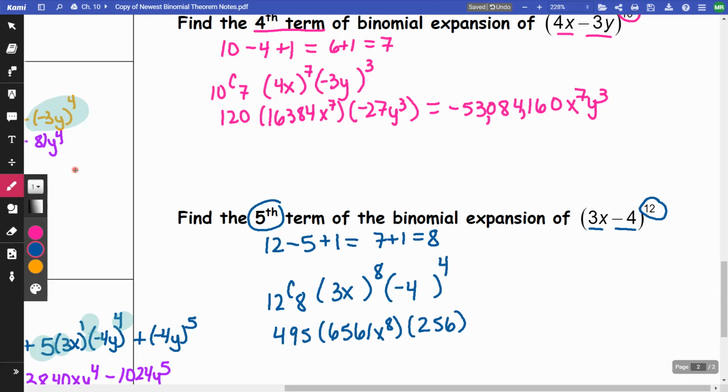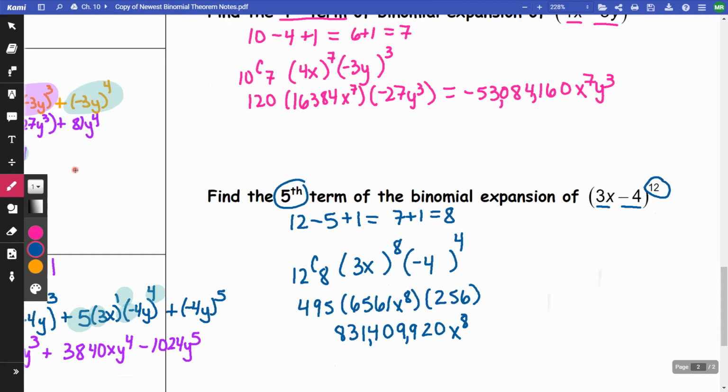So if I do that math, 495 times 6,561 times 256, I end up with 831,409,920 x to the 8th, and that would be our 5th term.